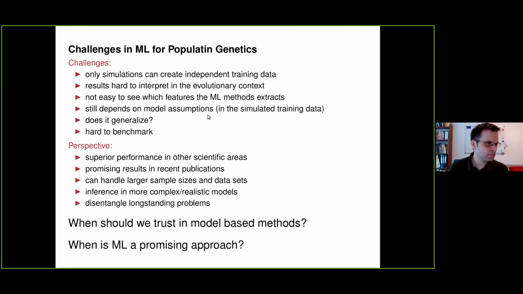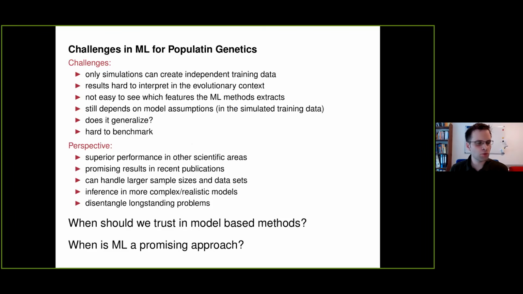We can mainly only create enough independent training data by simulations. And the reason is just, again, the tree which connects all human life, for example.